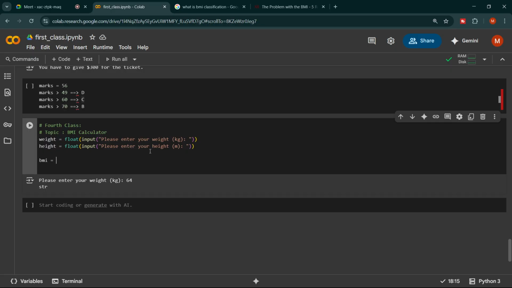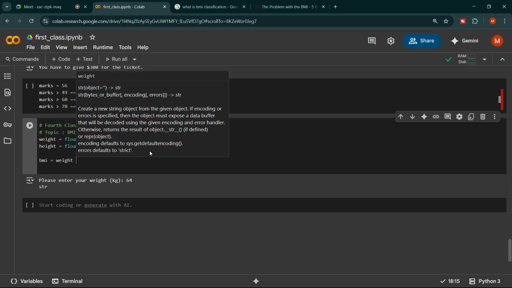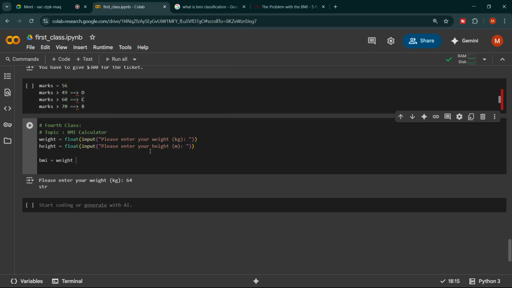So, height: I have already taken the height from the user with the help of this line, and whichever value the user enters will be stored in this height variable. So I can call this variable here. Similarly, weight. What was the formula? Weight over height square. So let's write weight. Now you should understand that whenever I have stored something in a variable and then call that variable after some lines of code, Python searches for its stored value and brings it.